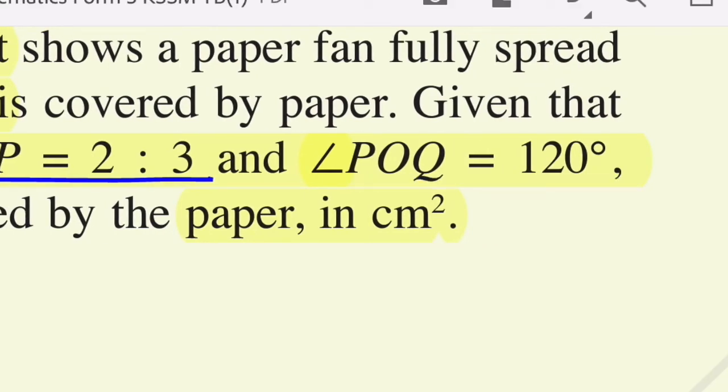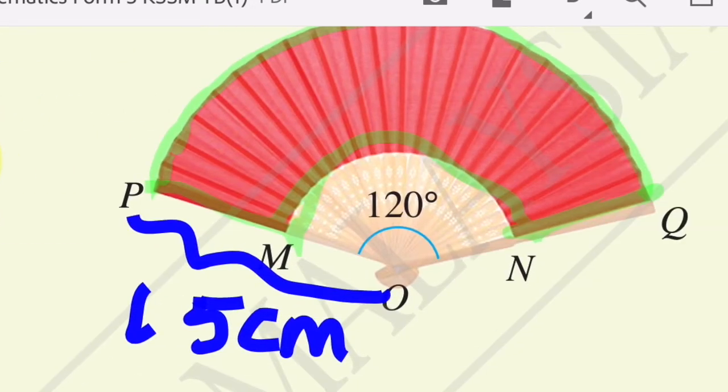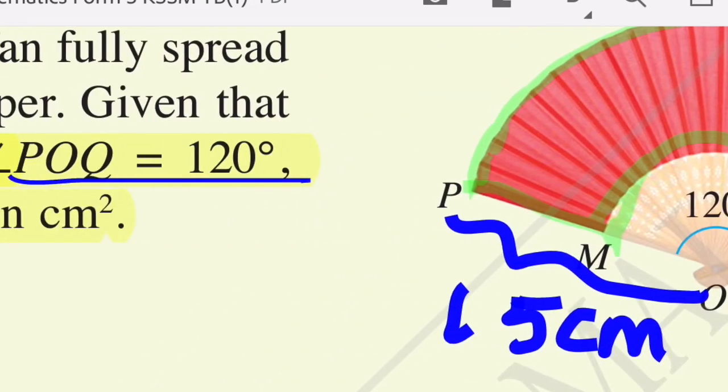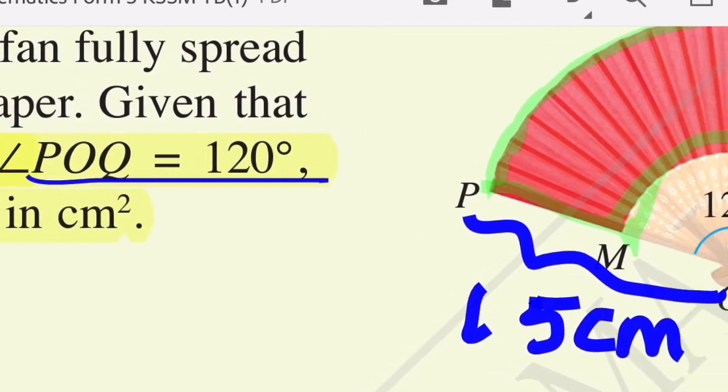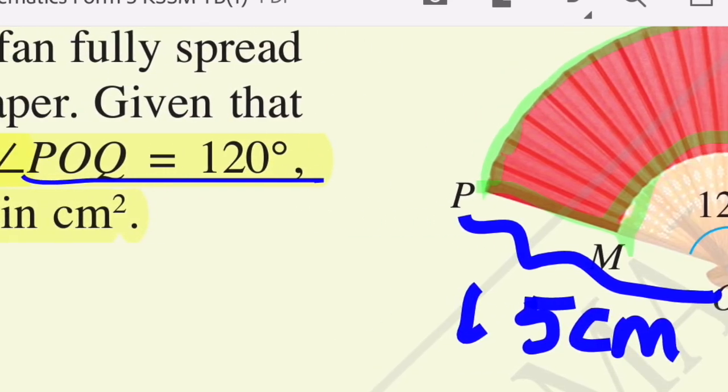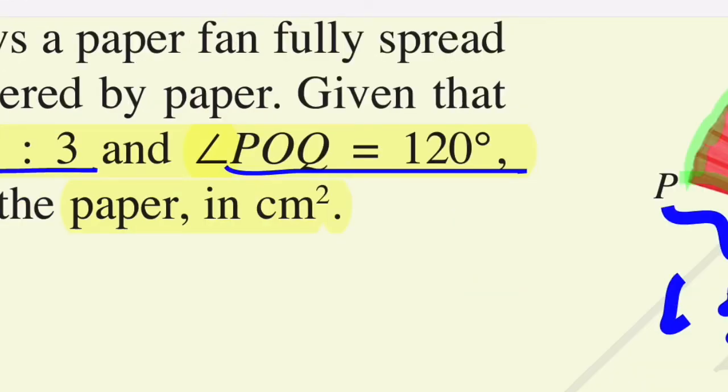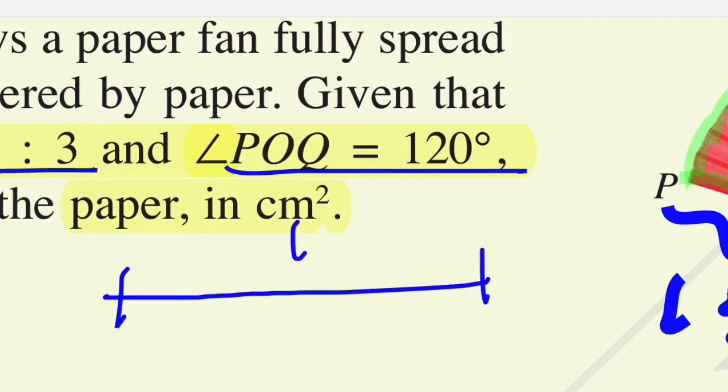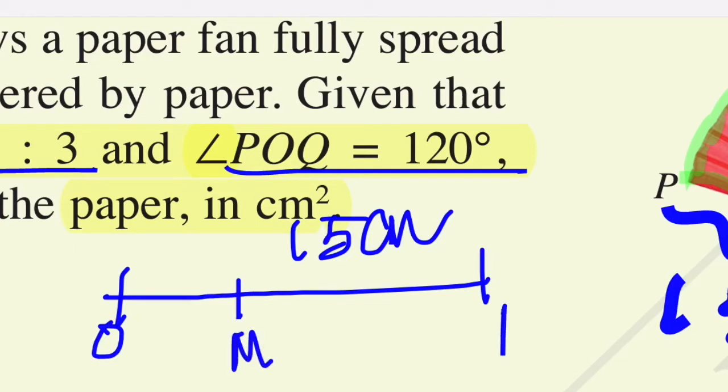Go to the diagram, OM and MP. The ratio is 2 to 3. That means total is 5 portions, right? So you divide by 5, 15 divided by 5, because you got 15 centimeter. So O is here, M is here, P is here.